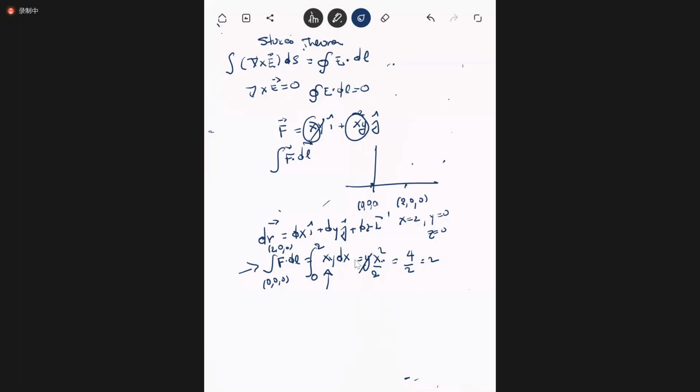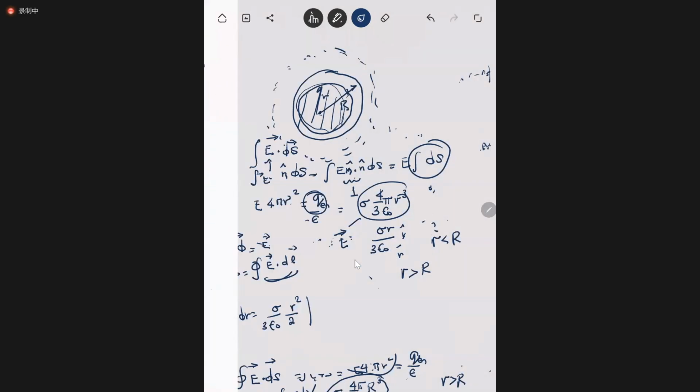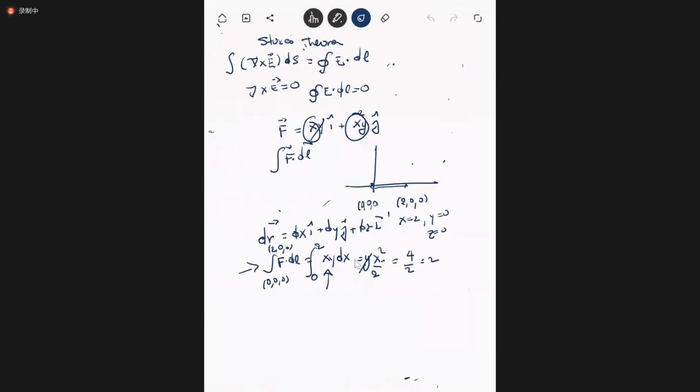Yeah. So when someone tells you how you're going to calculate, let's say, the work done from here to there, that's what you do. If someone tells you how you calculate the work along the line y equals x, you do the same exact thing.